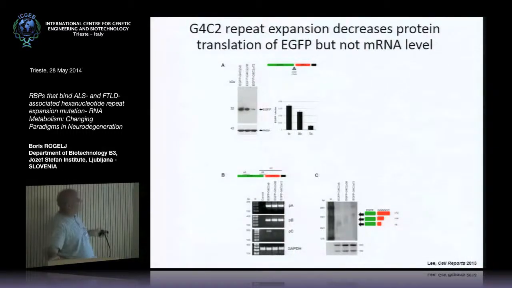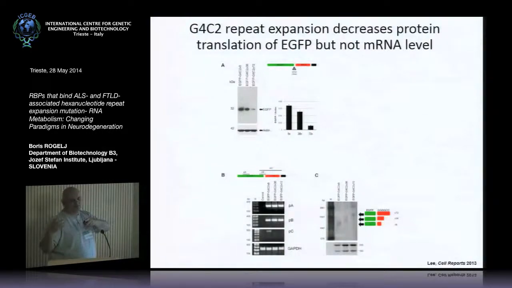foci formation, one of the constructs for expressing cells was an EGFP construct with the G4C2 and the 3' UTR. What happened was that the presence of the repeat reduced the amount of EGFP. So within the same transfection, we had different populations of cells.